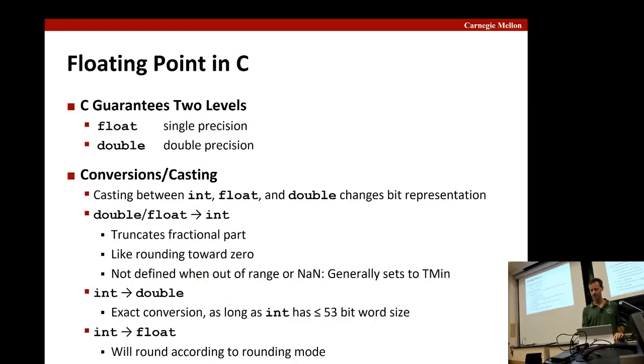So in this particular case, it's a 53-bit word size or less. So like if you had 32-bit integers, then you don't lose any precision converting to double. Okay, there's enough bits there in the representation to cover all the integers. And for float, where you often don't have enough bits, it will just do the rounding rule.